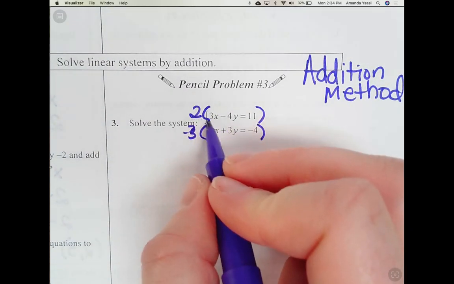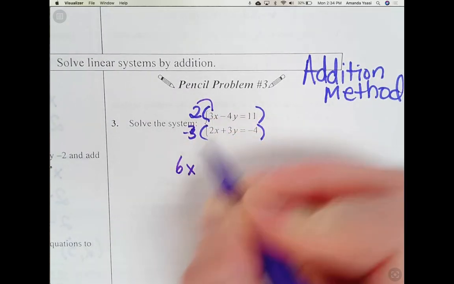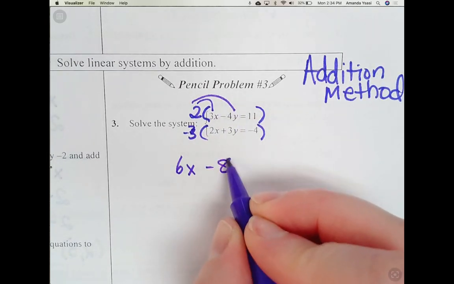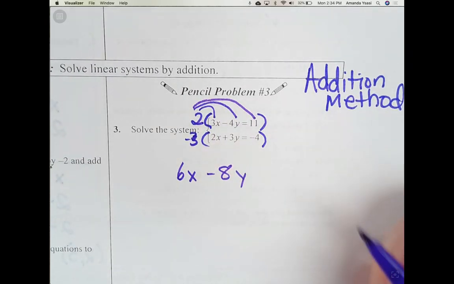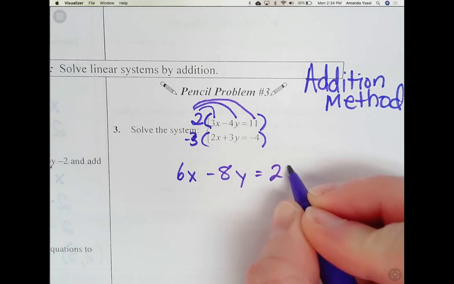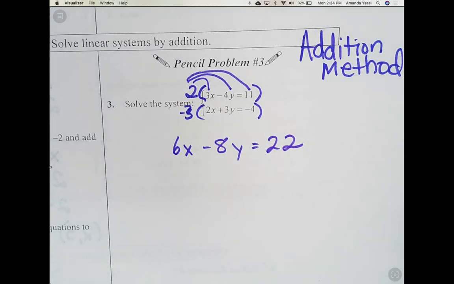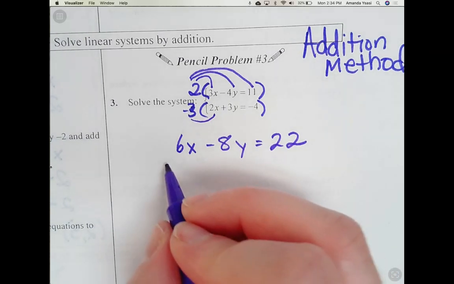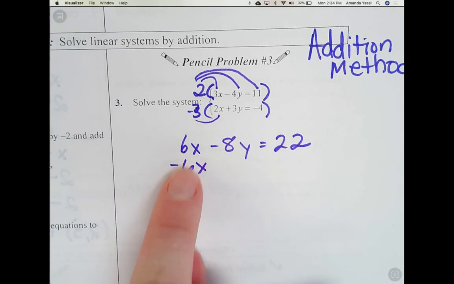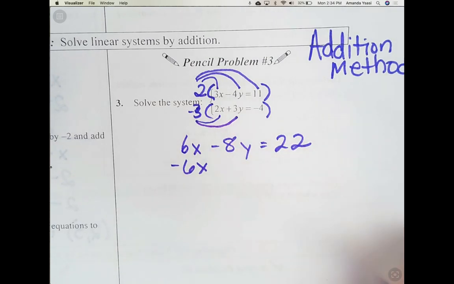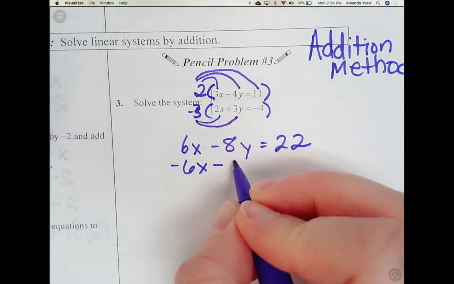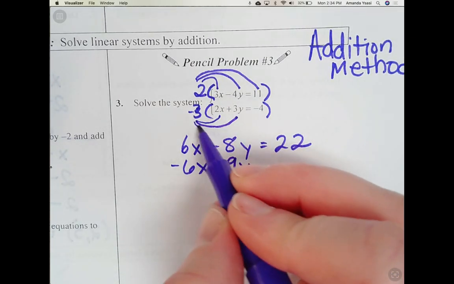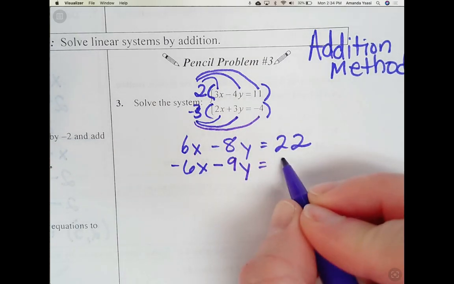So that would be 6x, negative 8y equals 22. And then the negative 3 times 2 would be negative 6x. And that's our goal. We want these to be opposites so that they cancel out. Negative 3 times 3y is negative 9y. And then negative 3 times a negative 4 makes a positive 12.